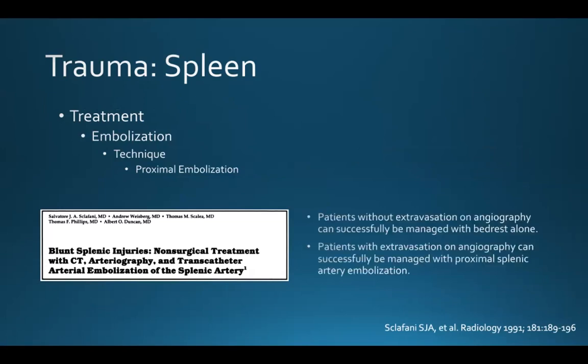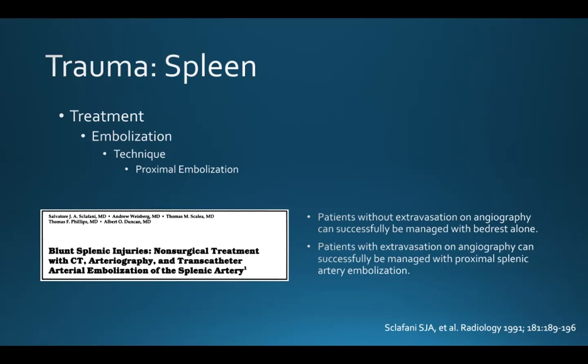This paper concluded that patients without extravasation on angiography can successfully be managed with bed rest alone. But if extravasation on angiography is seen, then patients should undergo proximal splenic embolization, which can enhance non-operative management.